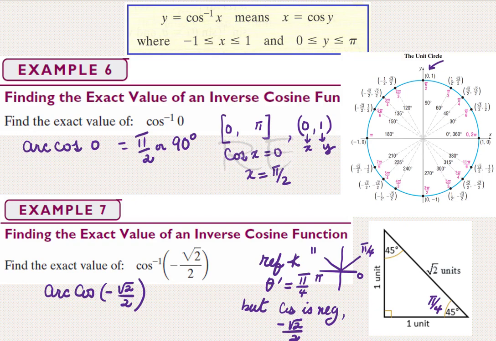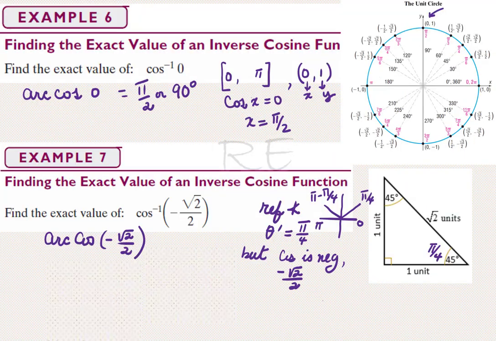So using the reference angle pi over 4, we're going to look for the angle in the second quadrant. It's going to be pi minus pi over 4, which means, pi is really 4 pi over 4, minus pi over 4.